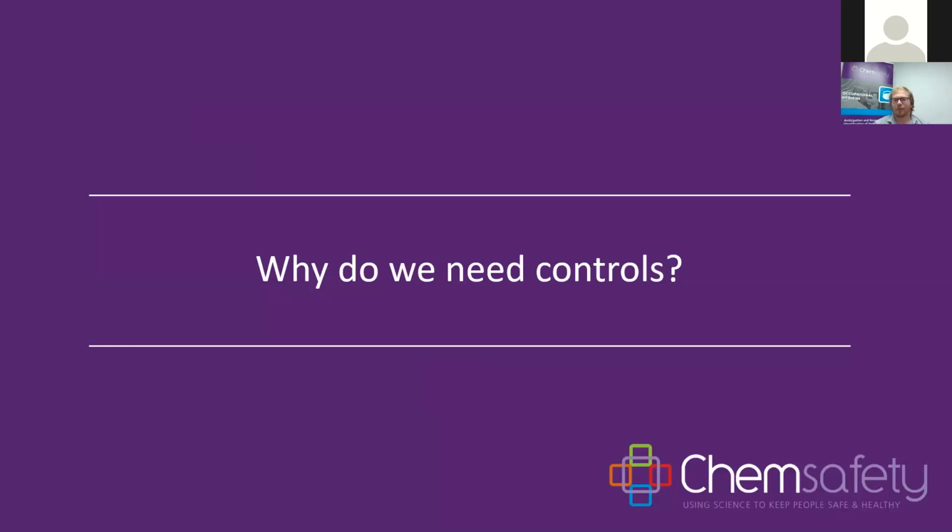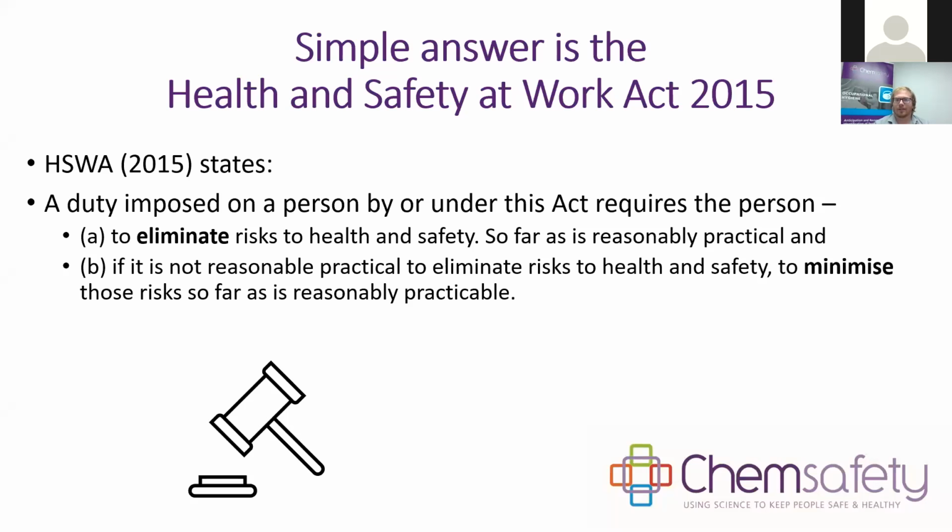And you may be thinking, why do we need controls? It's a few reasons. The simple answer is that it's in the Health and Safety at Work Act. So I'm sure you're all familiar with the Health and Safety at Work Act. There's a duty there imposed on persons, so PCBUs, under this act that requires them to eliminate risks to health and safety as far as reasonably practicable to do so.